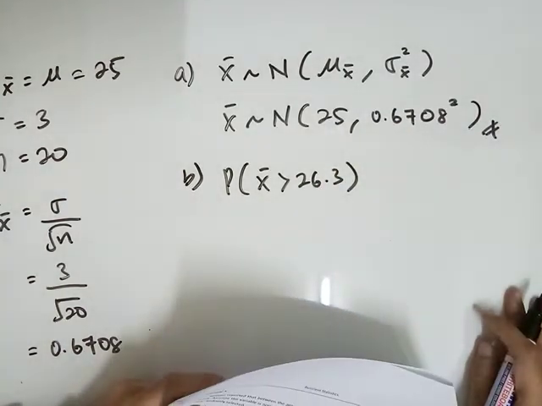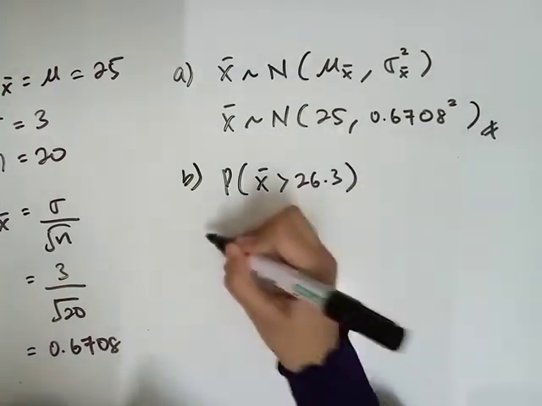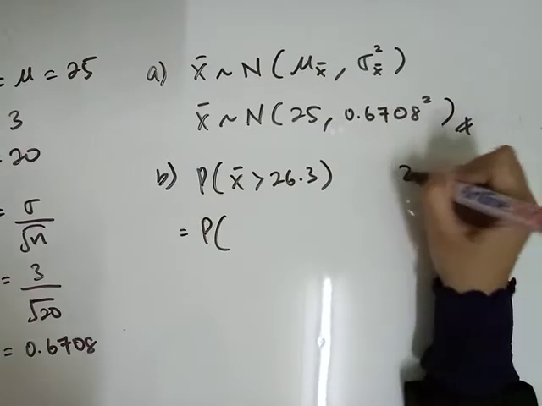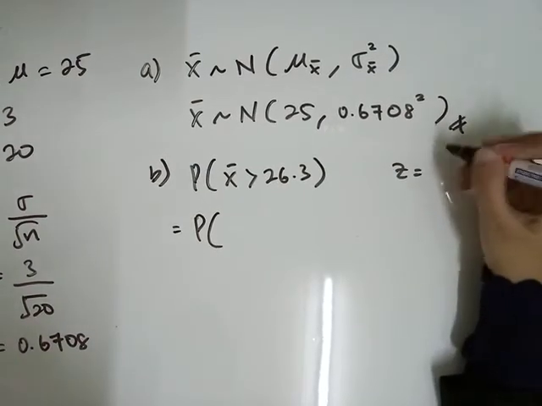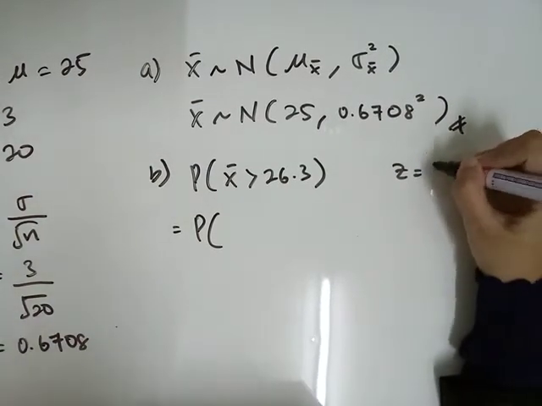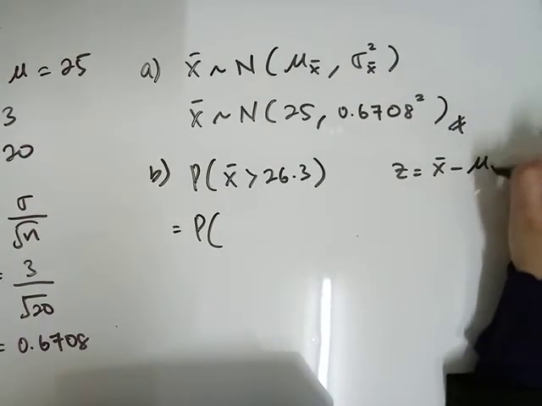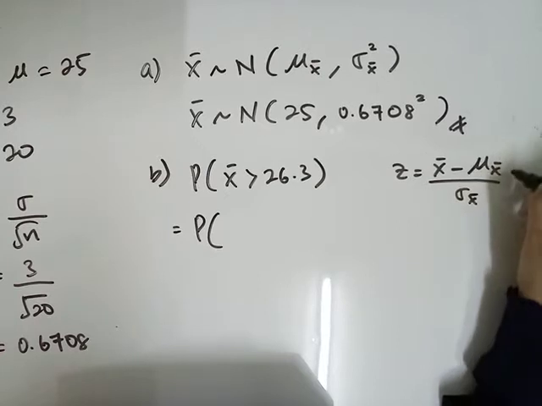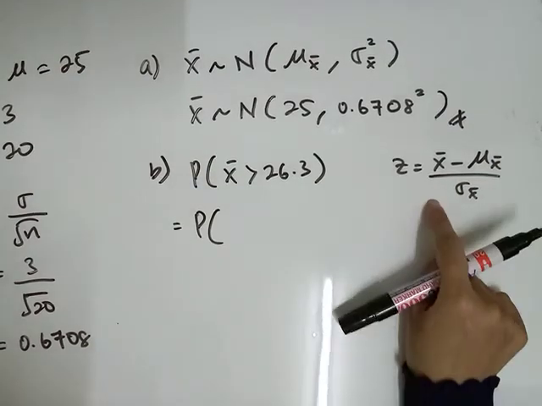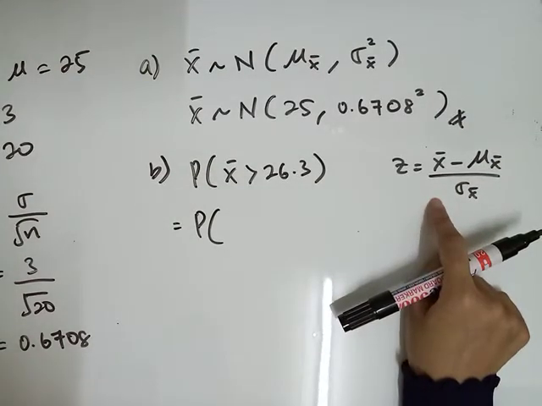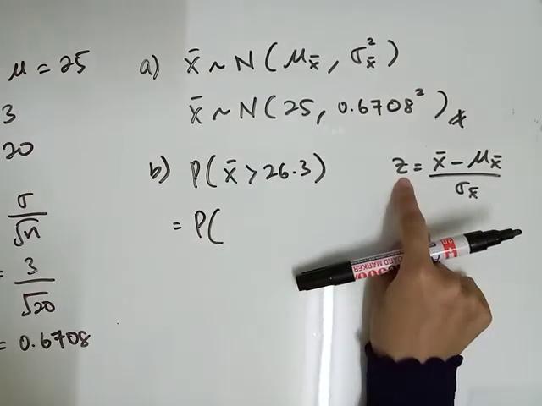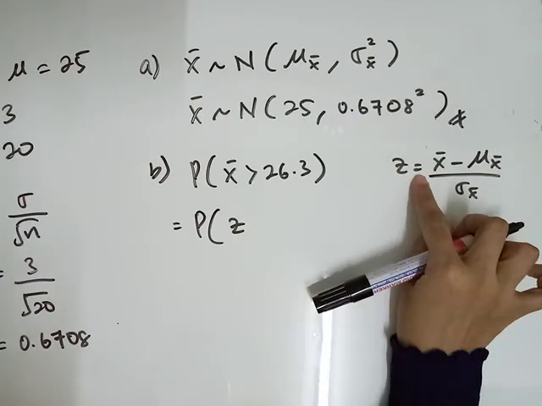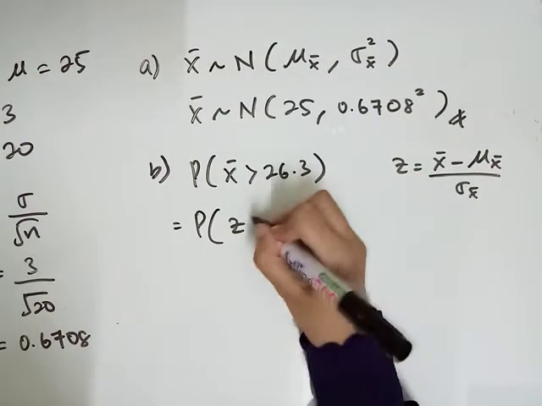So it is equal, by using formula Z, it is equal to X, sample mean, minus mean of the sample mean, divided by standard deviation of the sample mean. Using this formula, from X we need to change to Z. And then we need to follow the inequality which is greater than.